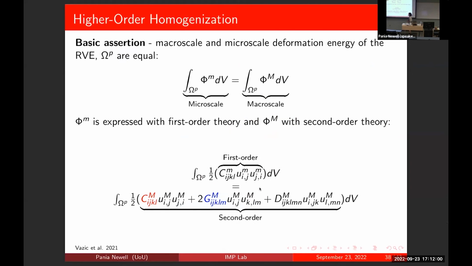Once you adopt that form of the strain energy, including gradients, you can apply theories like those of Eringen and others, going from the free energy, the strain energy function, to extract what form these elasticities take.